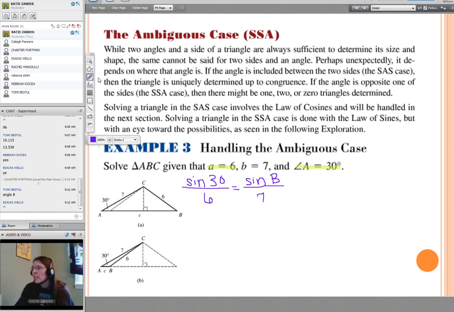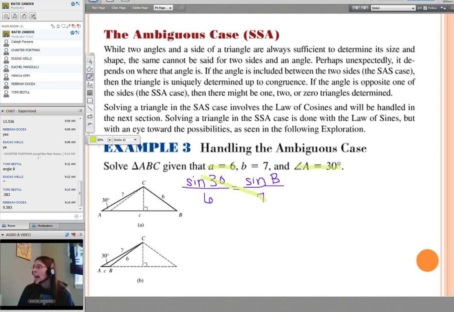So let's go ahead and start with that. So 7 times sine of 30 and divide by 6. What is that going to equal when I cross multiply there? A 0.583 repeating.